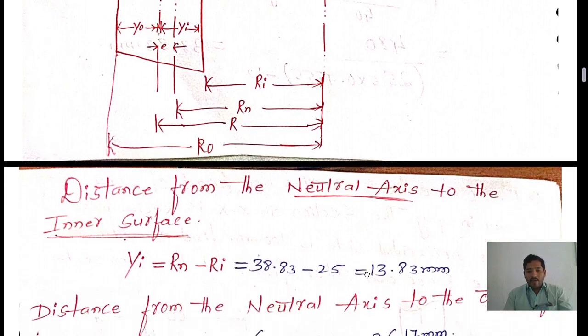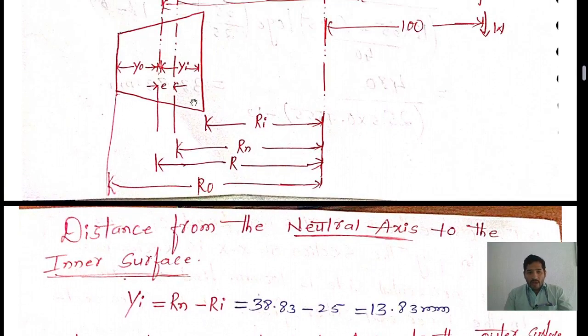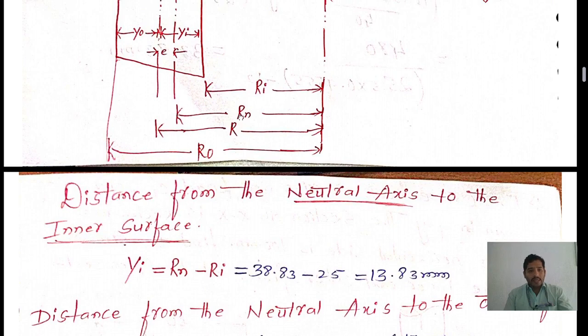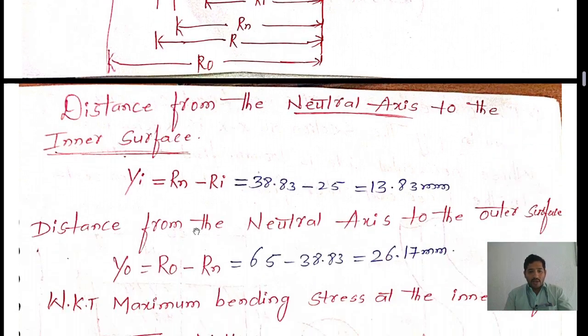After that, we want to find the distance from the neutral axis to the outer surface. To find this, yo, we use the formula Ro minus Rn, the outer radius minus the radius of the neutral axis.